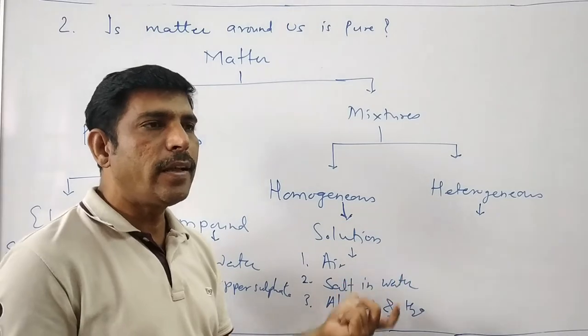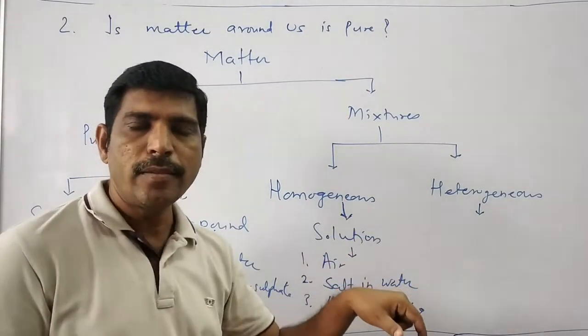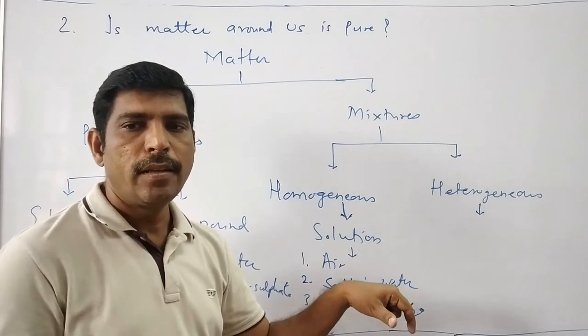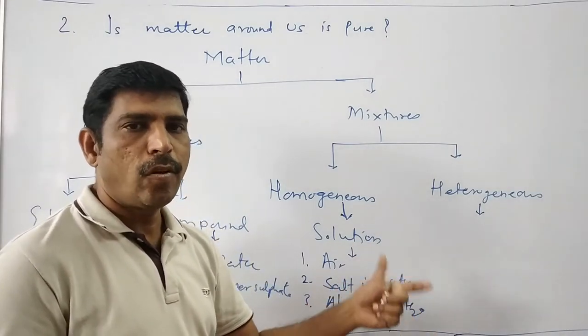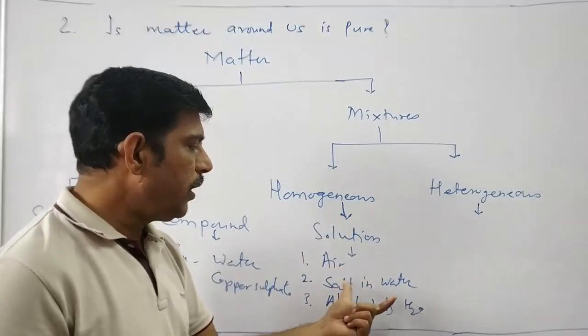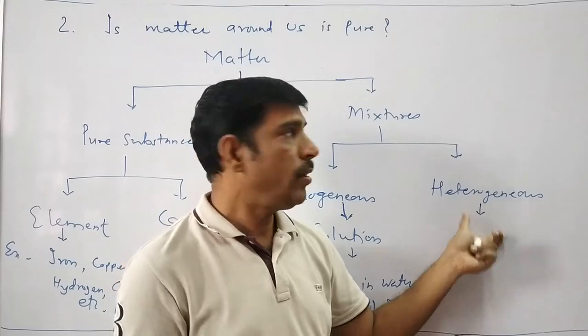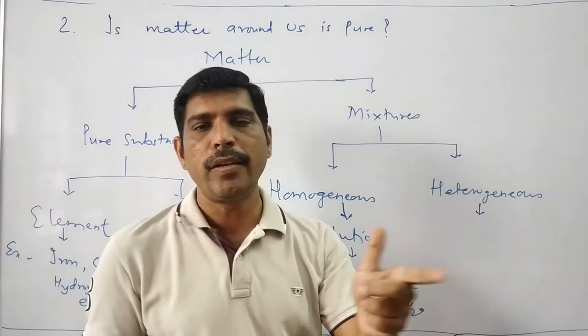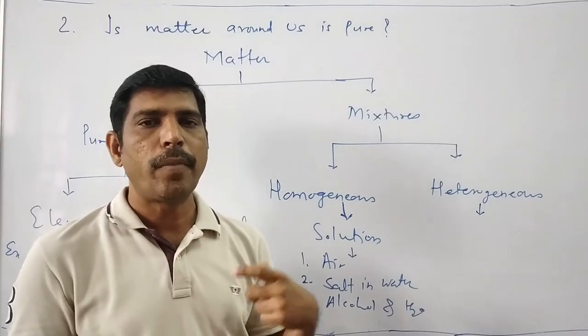We only get the liquid. So we cannot guess whether salt is present in that solution, or sugar is present, because we are getting only liquid material, that is water. But in a heterogeneous mixture, we can identify the different components by our naked eye.